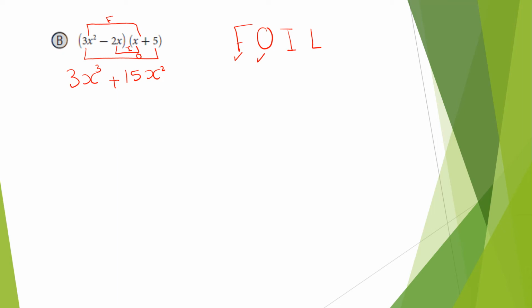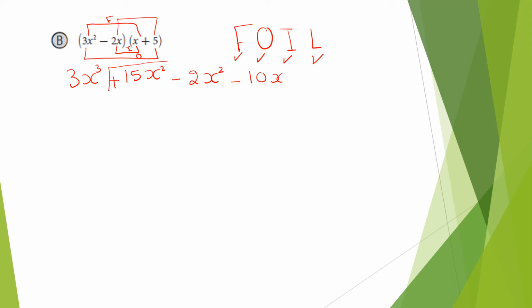Negative 2x times x will be negative 2x squared. Then I finished the inner, then the last. So the last, negative 2x times 5, will be negative 10x. So here's the last. Then, do I have like terms? Yes, I do.